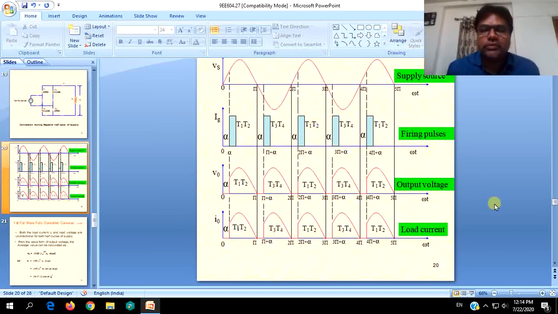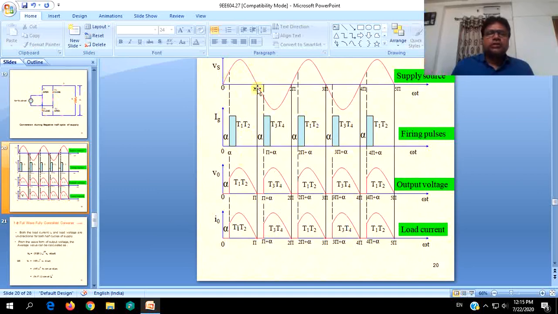These are the waveforms which we will discuss from the start again. Supply voltage, a sinusoidal single phase supply voltage, and these are the voltage and current waveforms given to the load.